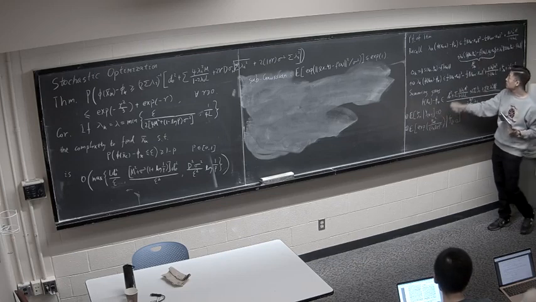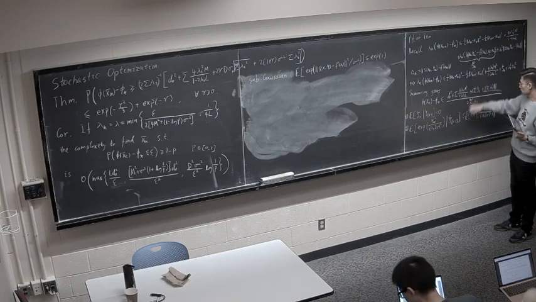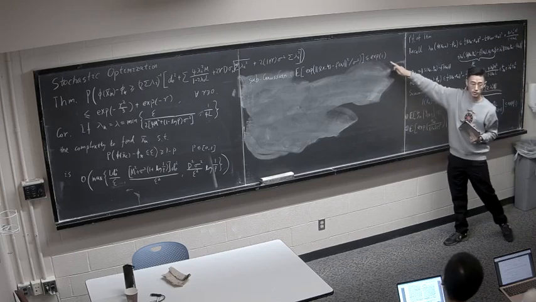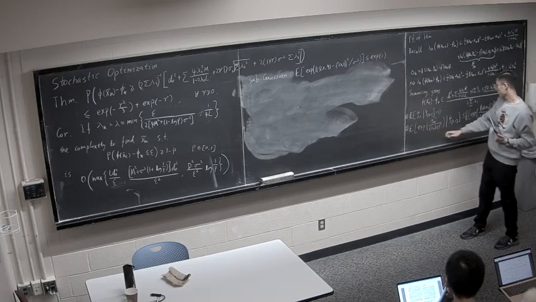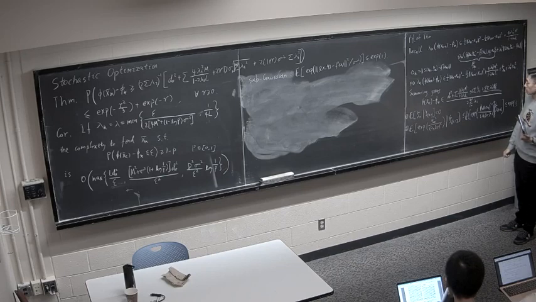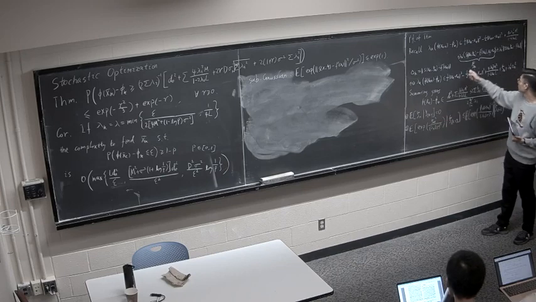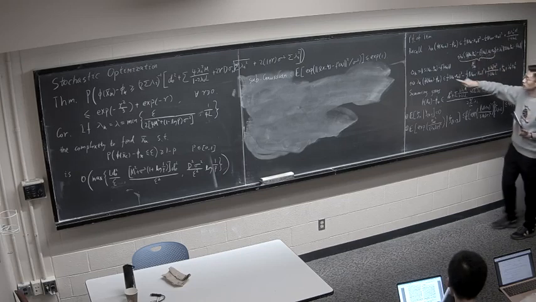So the expectation of this zeta k conditioning on the randomness is just 0. And the second observation is about the variance of this term. This really comes from the sub-Gaussian tail assumption. Here, the first inequality is by Cauchy-Schwarz and the boundedness. So here, zeta k is bounded by lambda times the norm of this difference and the norm of this difference, right? The norm of this difference is just delta k.